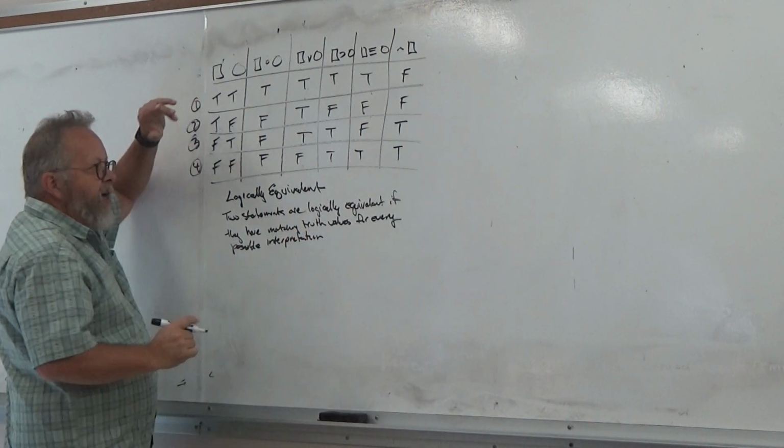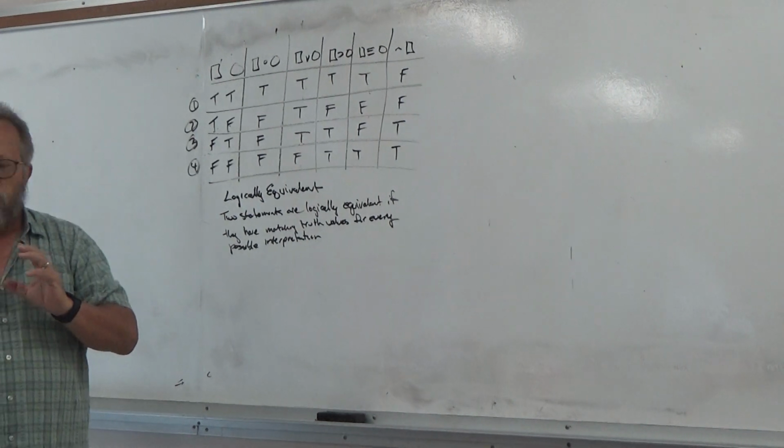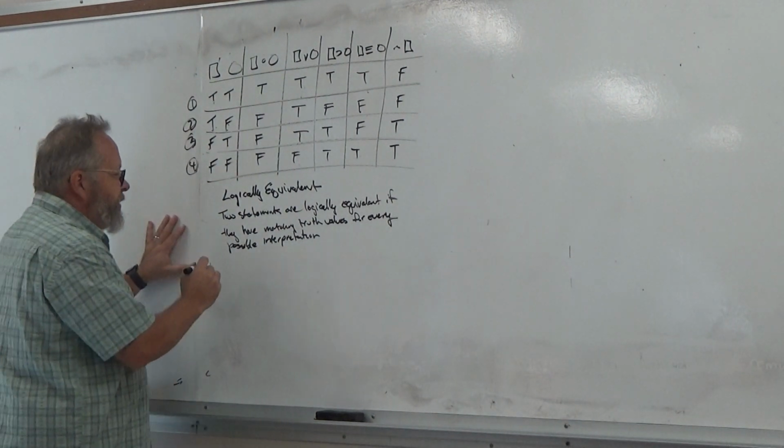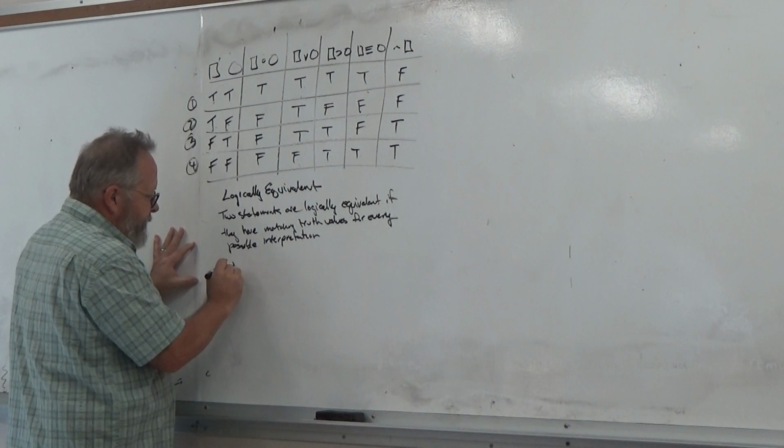So that means for each line, they end up having the same truth value, okay? And then there's logically contradictory.